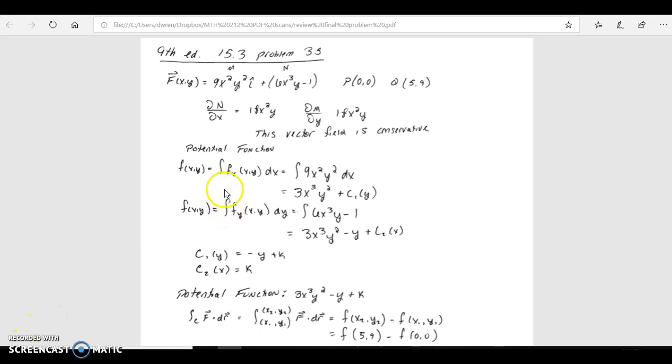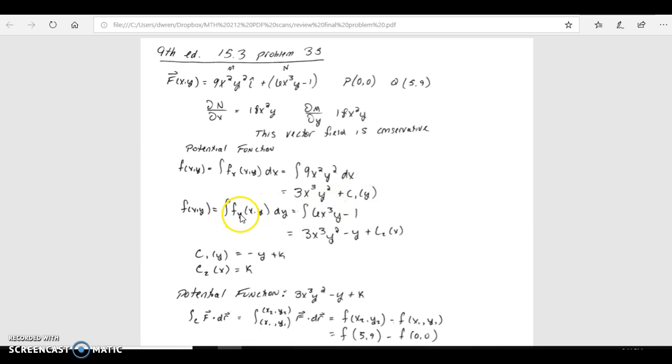Alright, so now we need to find the potential function, which is equal to the integral of the f sub x dx, which in this case is the integral of the i component of the force field, which is the integral of 9x squared times y squared dx. Integrating that, you get 3x to the third times y squared, the constant in this term carrying over, plus some c1 of y.